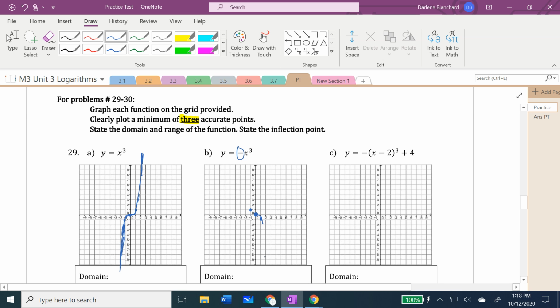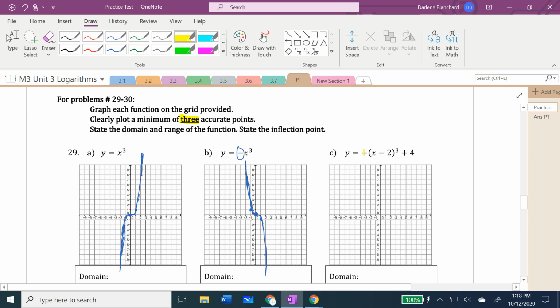And it still keeps that basic shape. I'm not requiring you to plot the points 2, -2 with 8, -8, but know that it'll help you a lot to plot those.